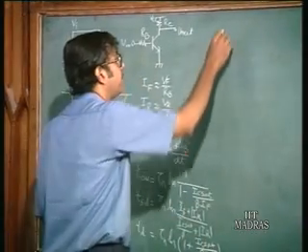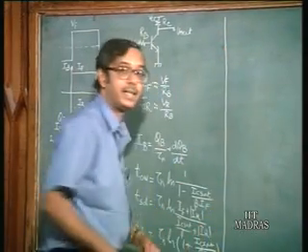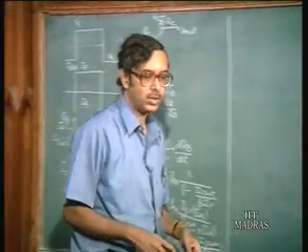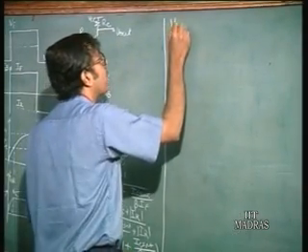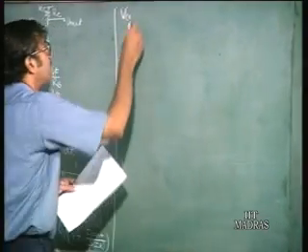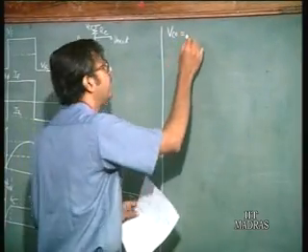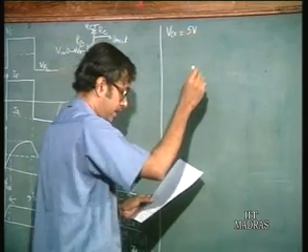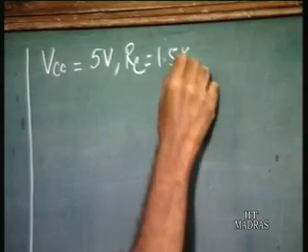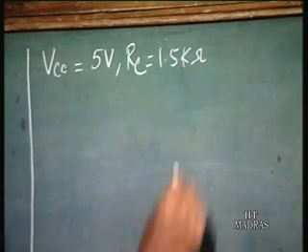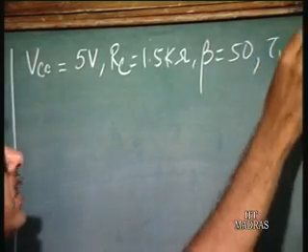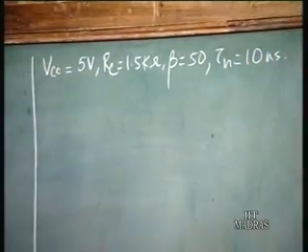Now, let us take a particular example, just to give you an idea of the values of the delays. I shall take a particular problem here. VCC is equal to say 5 volts, RC equal to 1.5 kilo ohms, beta is equal to 50, and say tau n is equal to 10 nanoseconds.